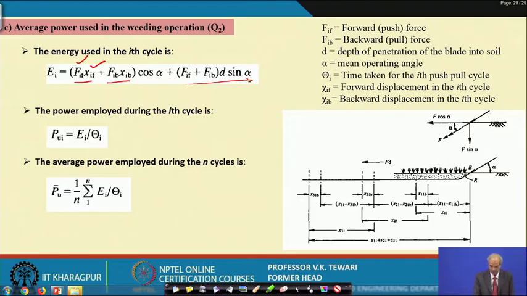Now, although it is d sin alpha, in the other direction, we have to take care of this d, because we are talking of the total energy. We are not only talking of push and pull, but when we are doing this operation, we are utilizing some of the energy for depth also, and that is why this d is kept here, and the total energy used in the ith cycle is given by this.